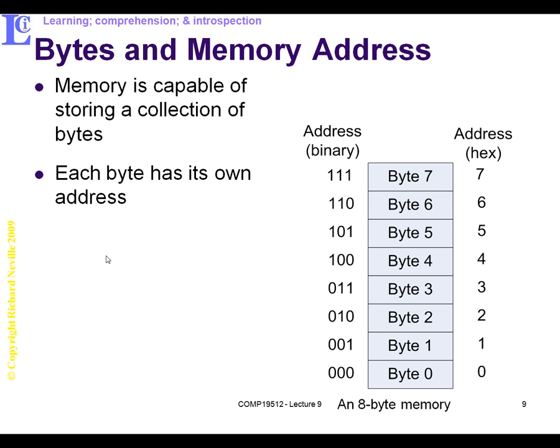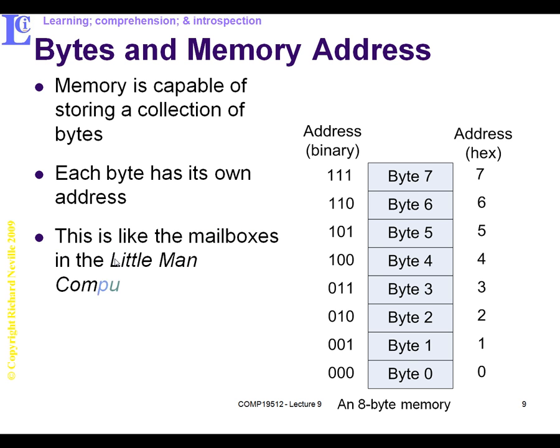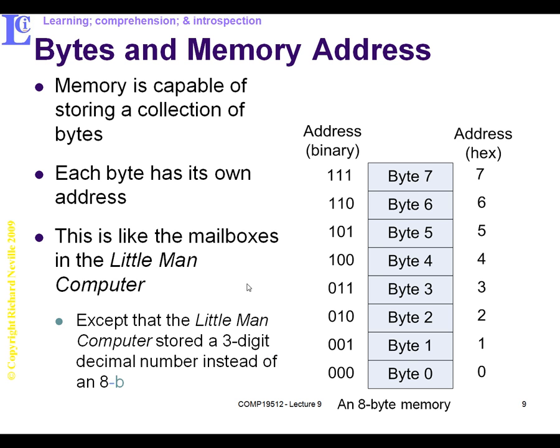Okay? So when we look at this analogously to our previous lecture, the LMC, Little Man Computer, we'll see this is like addressing the 00 to 99, the 100 mailboxes. Same sort of thing. We're putting out an address to find a location in memory. The only difference is the little man's computer stored 3 digits, whereas we may be storing 8 bits of information.